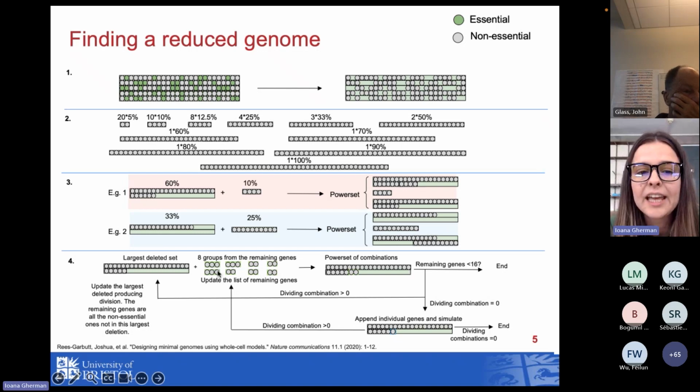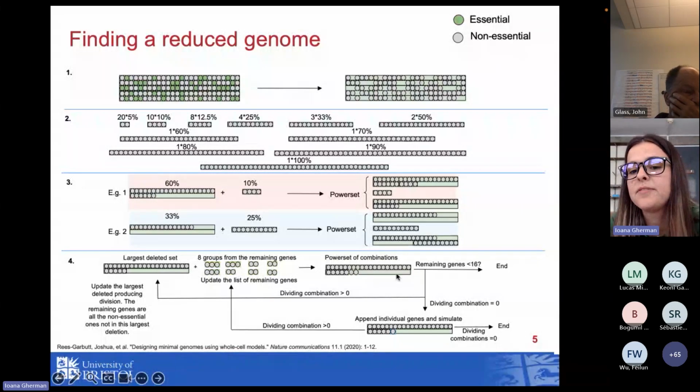a dividing cell, and we split the remaining genes into 8 groups. And again, we combine this largest deleted segment with these genes. We simulate, and basically, if some of these simulations work, so the cells divide, we just update this largest deleted set.